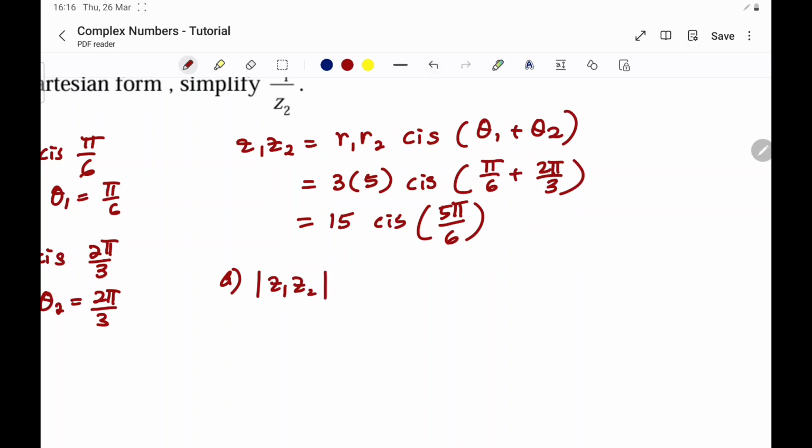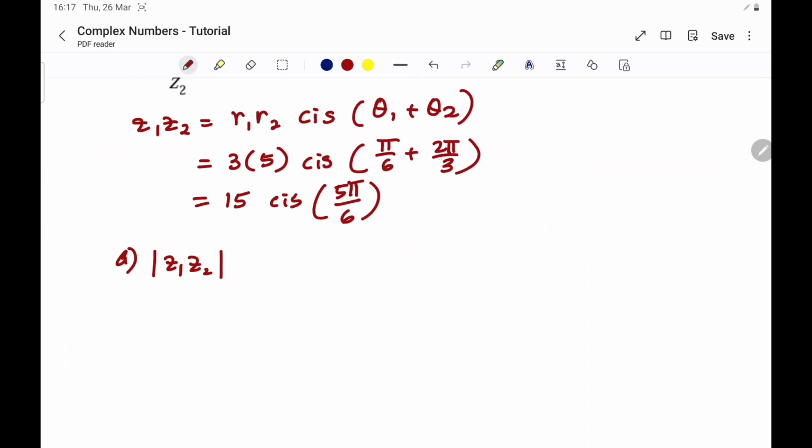If you remember, when we went through the first question earlier, in order for us to write in the polar form, we have to find the modulus of z, or r.